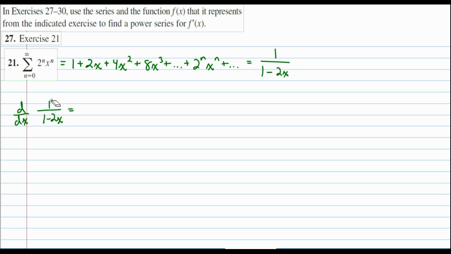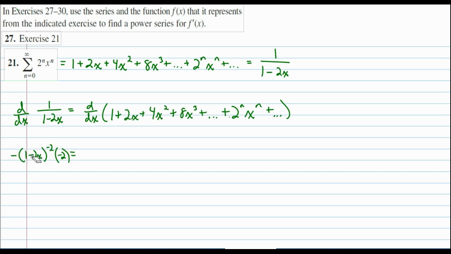The derivative of 1 over 1 minus 2x is going to equal the derivative of the power series of 1 over 1 minus 2x. The derivative of 1 over 1 minus 2x is this mess right there, which we'll simplify in a minute. Now the derivative of each term here, we get 0 plus 2 plus 8x plus 24x squared plus, okay.